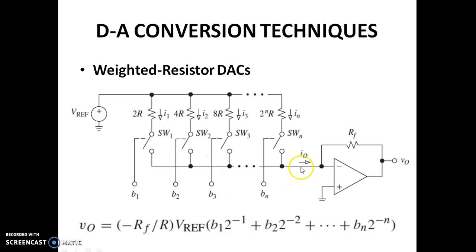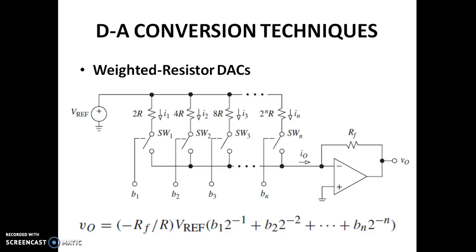The output is connected to an inverting amplifier using an op-amp. With RF and these resistors, the effective resistance will become R. We shall see the working of this particular circuit.